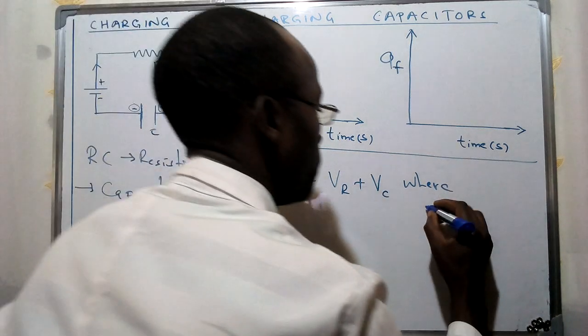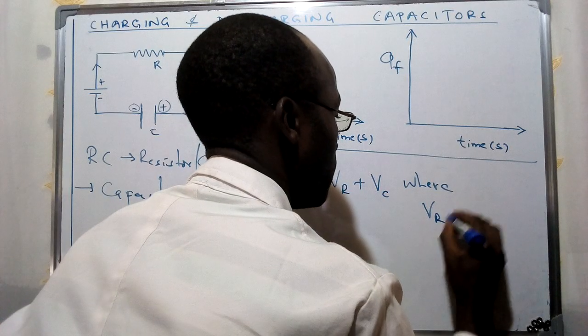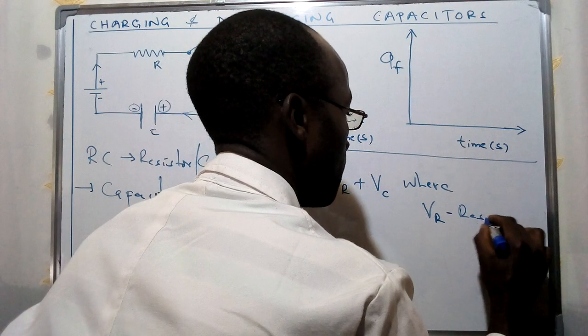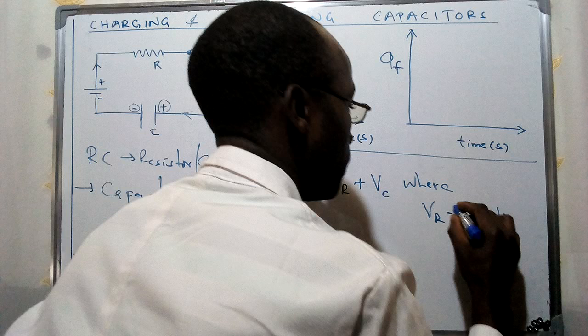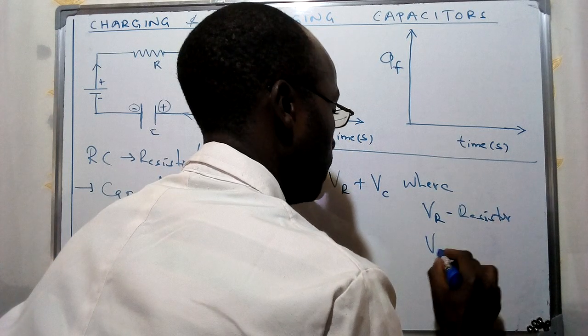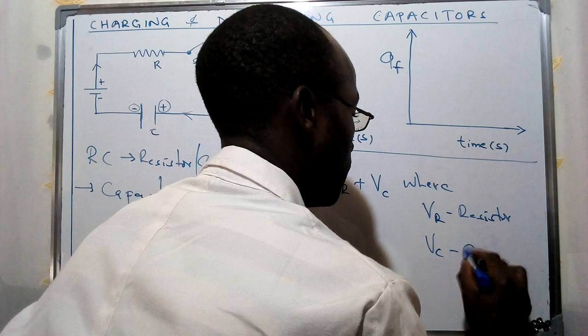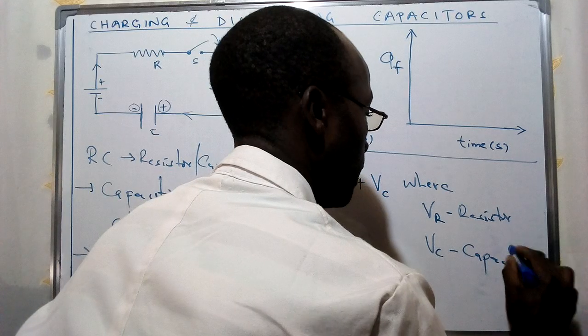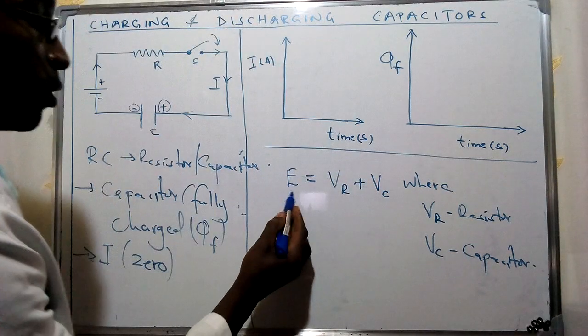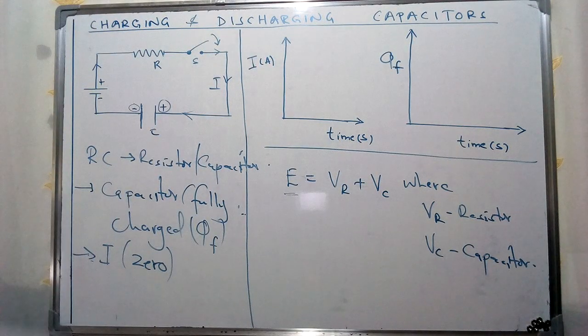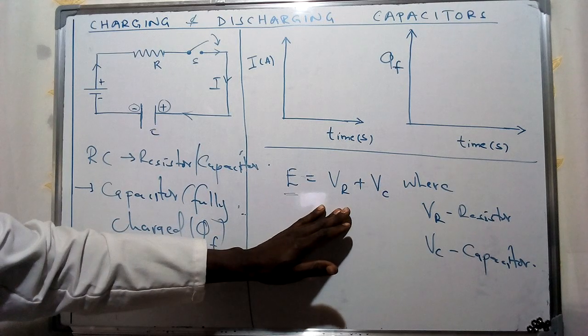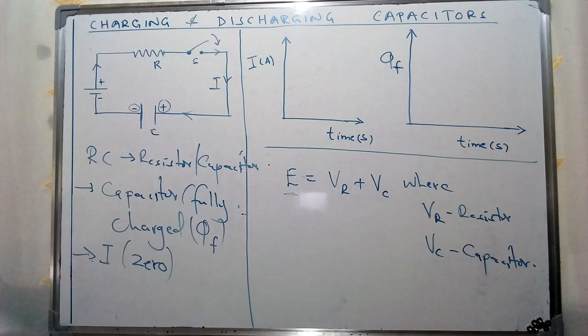So this is going to be VR for the voltage across the resistor, and then we're going to have VC as the voltage across the capacitor. So we can describe the total potential in this circuit as the summation of the voltage across the resistor and the capacitor.